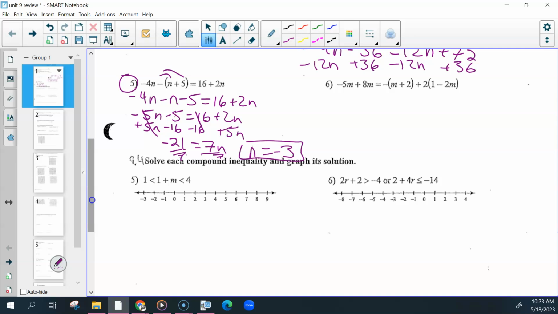The next objective skips to objective 4, solving compound inequalities. Which of those do we have questions on, want to see, go over, review?